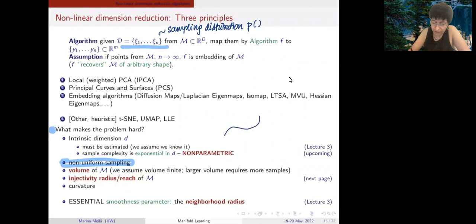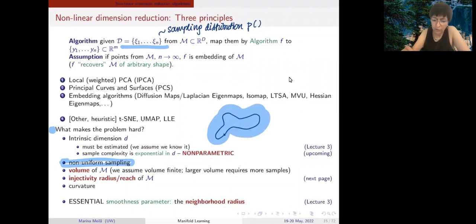If you have a manifold like this, the injectivity radius is the radius of the largest tube that I can build around the manifold that is not self-intersecting. If I build a tube of this size, this tube will self-intersect, and so this is not the injectivity radius.